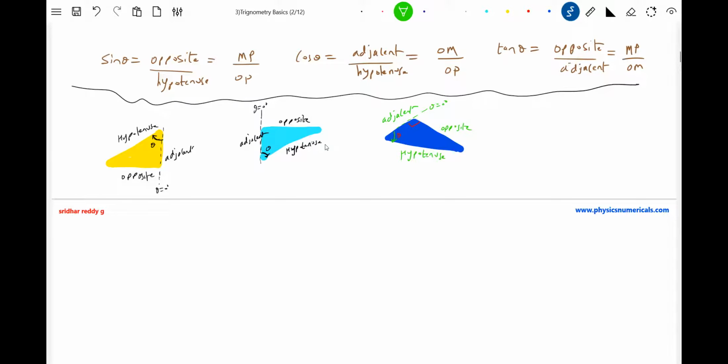Hypotenuse. It only needs to be a right angle triangle, that's all. Then we are able to define. So trigonometry basically deals with the relation between the sides and the angle. That is what we are trying to explore here.